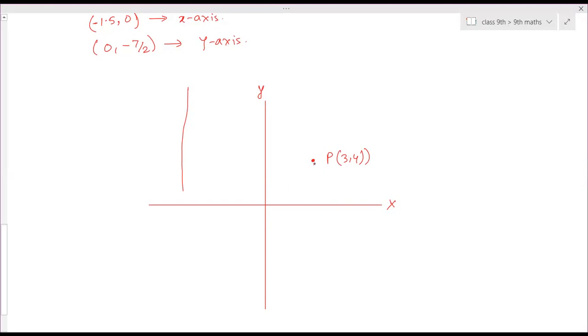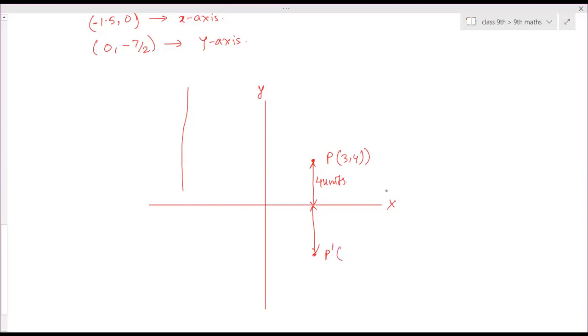That means from P, in this case, this is a mirror. Then how much is this distance? 4 units. Distance from the x-axis is the y coordinate. Y coordinate is 4, so this is 4 units. So you have to go below it 4 units. So here the image of P is formed, which is P dash.